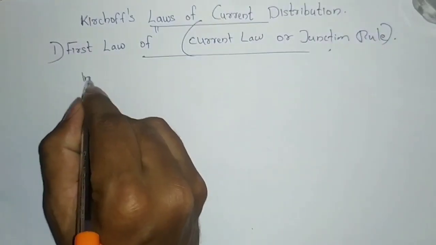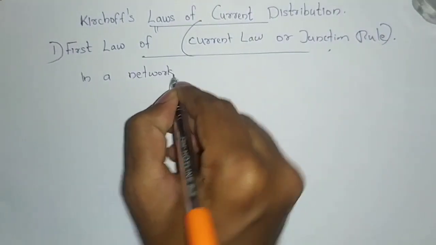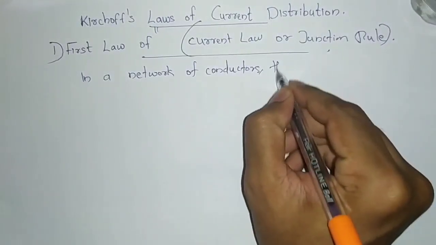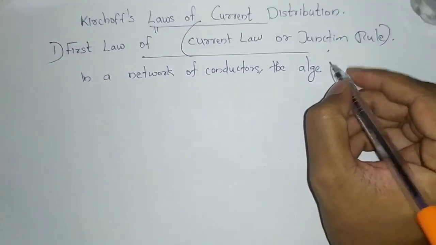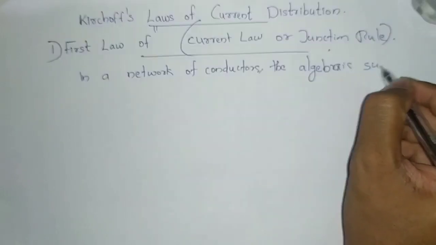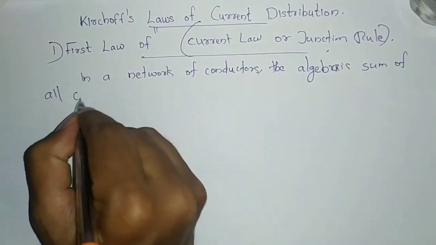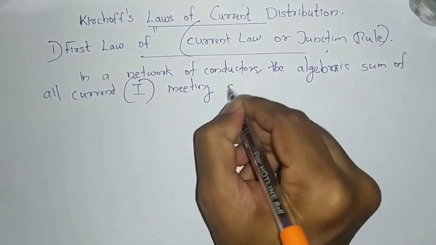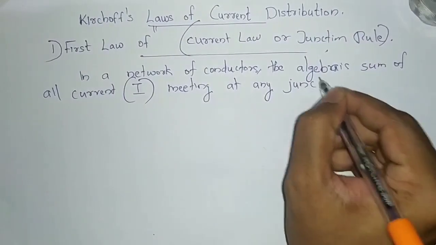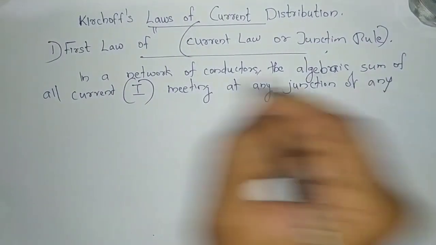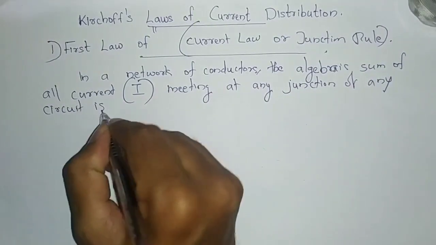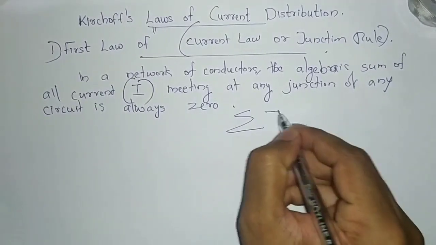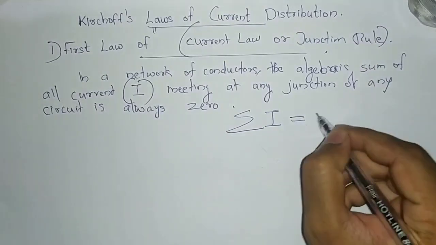According to this law, in a network of conductors, and it is important to learn this law by heart, the algebraic sum of all currents meeting at any junction of any circuit is always 0. That means the sum of currents meeting at a junction will always be 0.